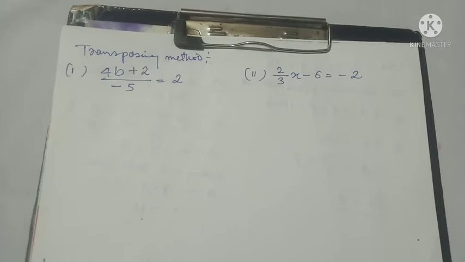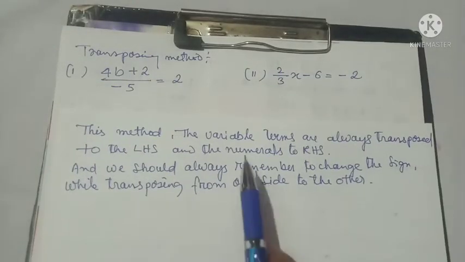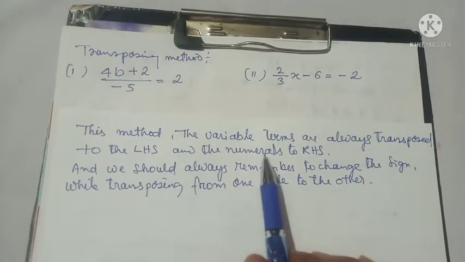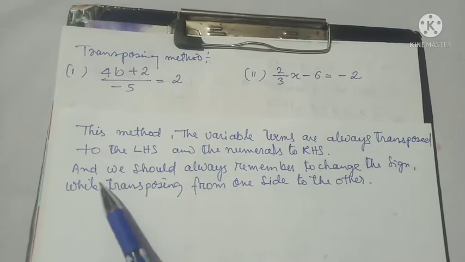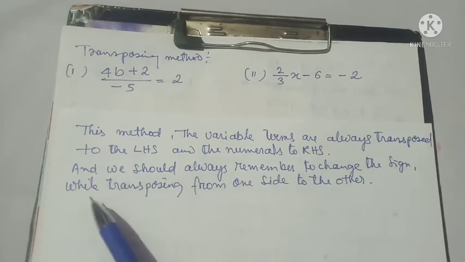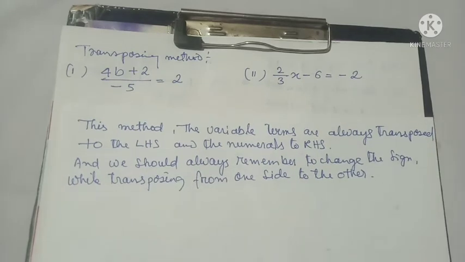In the transposing method, the variable terms are always transposed to the left hand side and the numerical terms to the right hand side. And we should always remember to change the sign while transposing from one side to the other side.